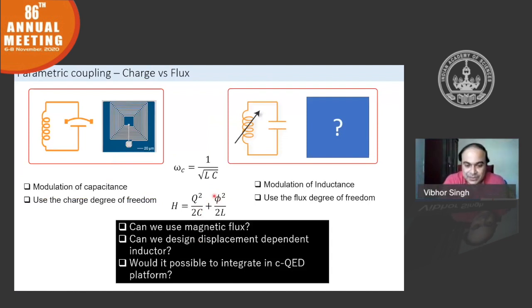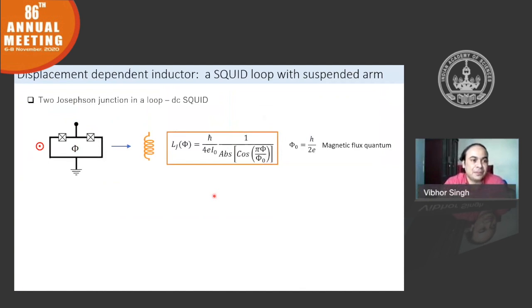Okay. So these were the questions, and if you take any wire, for example, and try to deform it, the change in its inductance value will be very small just by changing the geometry of the wire. So what we came up with was a very different idea than deforming the geometry, and it comes from the DC SQUID. Imagine two Josephson junctions in a loop.